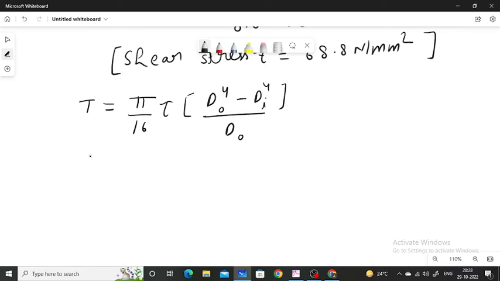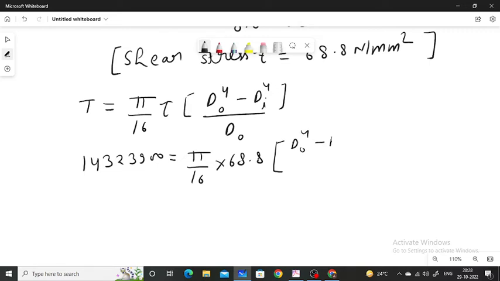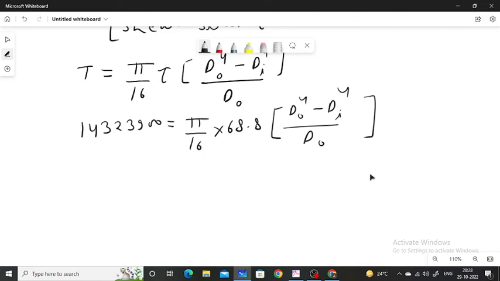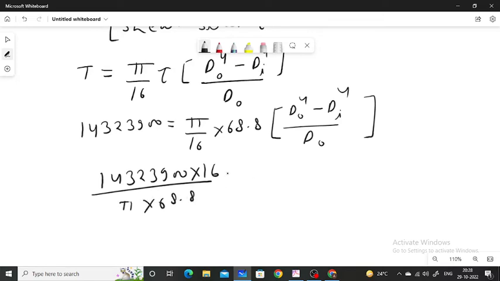Now T will be equal to 14323900, pi by 16, shear stress is given 68.8, into (outer diameter to the power 4 minus inner diameter to the power 4) upon the outer. Or it will be equal to 14323900 into 16 divided by pi into 68.8.